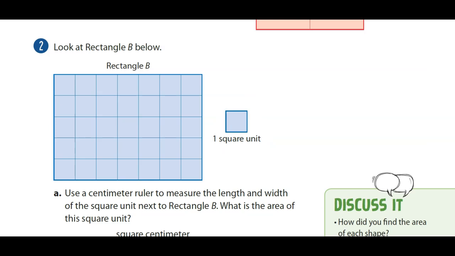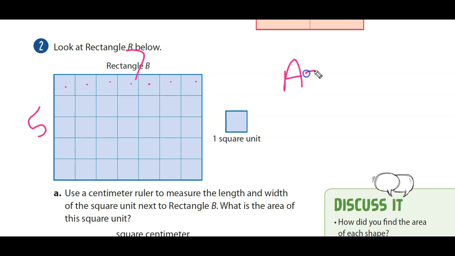It says look at the rectangle B below. So we have 1, 2, 3, 4, 5 on this side. And how many across the bottom? 7. Let's see, 1, 2, 3, 4, 5, 6, 7.